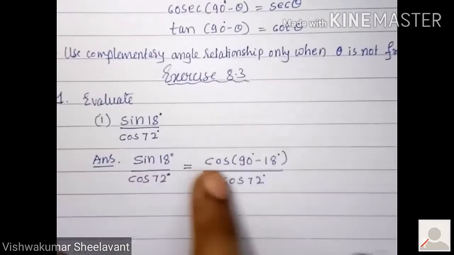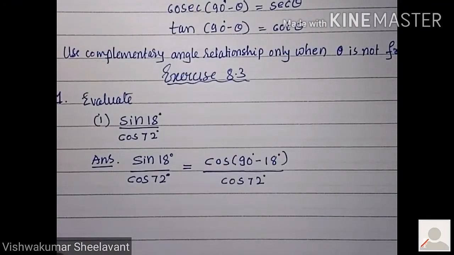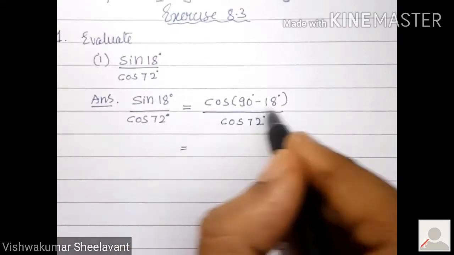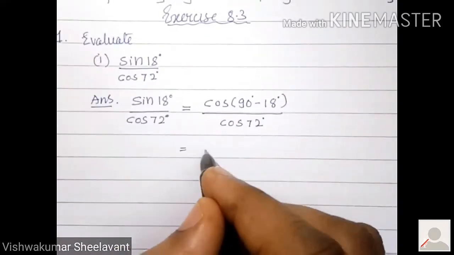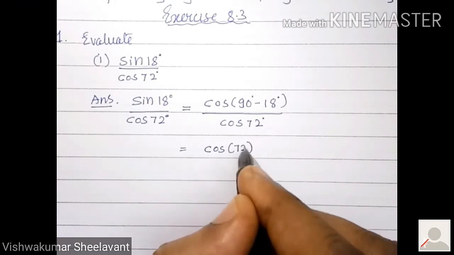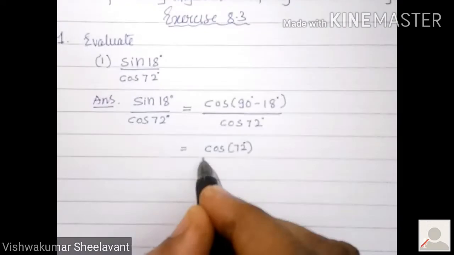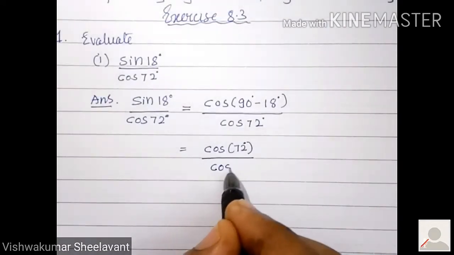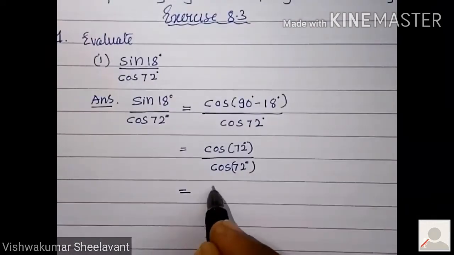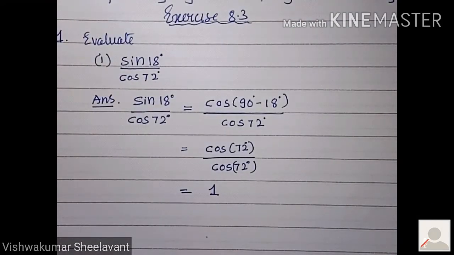Sine theta is equal to cos of 90 minus theta. What is cos of 90 minus 18? You will get cos 72 only. Cos 72 by cos 72, both will cancel and you will get 1.